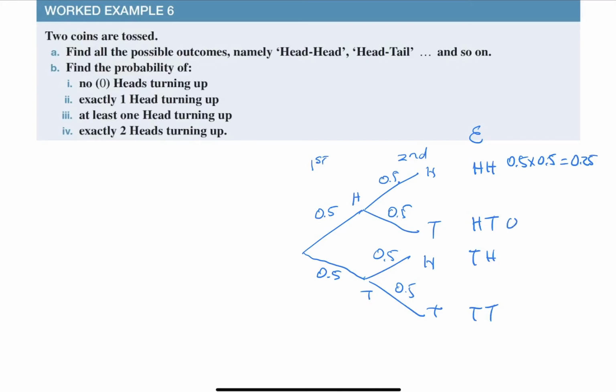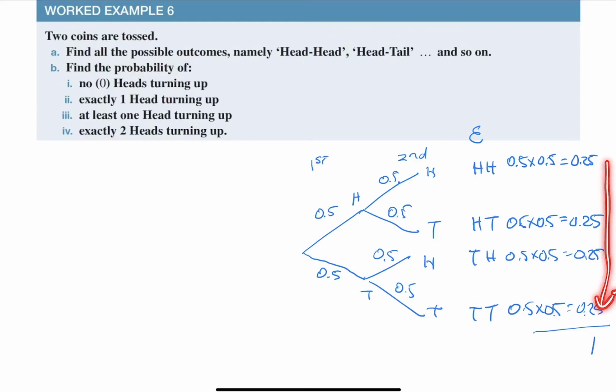We can see all of them are going to be the same: 0.5 times 0.5 is 0.25. Altogether, all the outcomes need to add up to 1. So if I add up all of this, it still needs to get to 1.